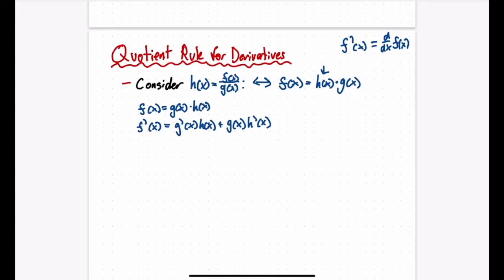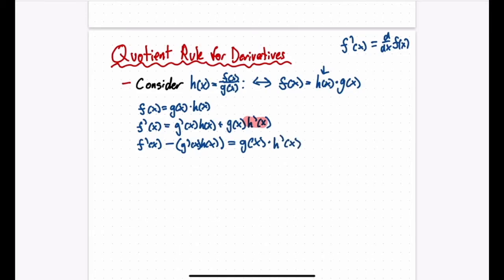Okay, so in here, we can see that we have this h prime of x that we want. So let's find a way to isolate that h prime of x so that we have exactly what we want. We can move this term over, so we have f prime of x minus g prime of x times h of x, so we move this first term over to the other side, equals g of x times h prime of x.